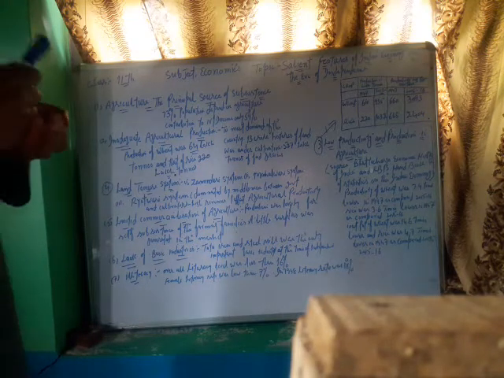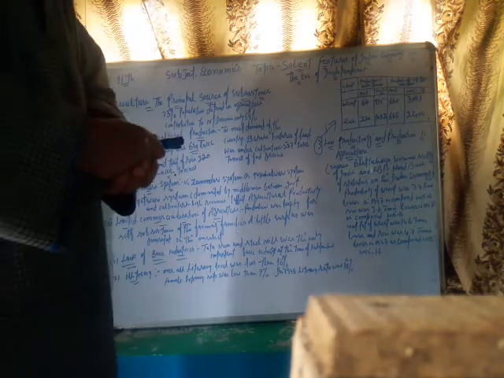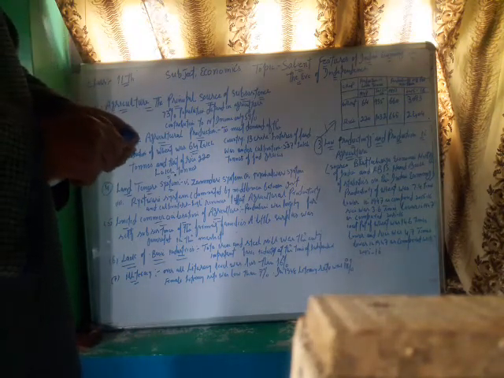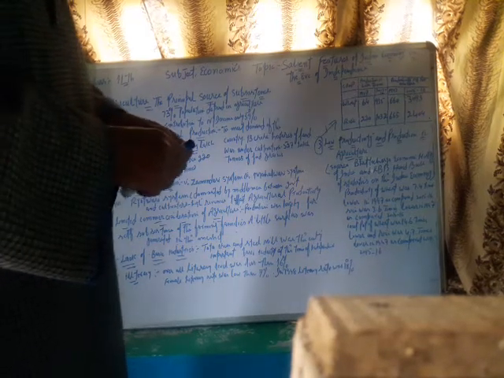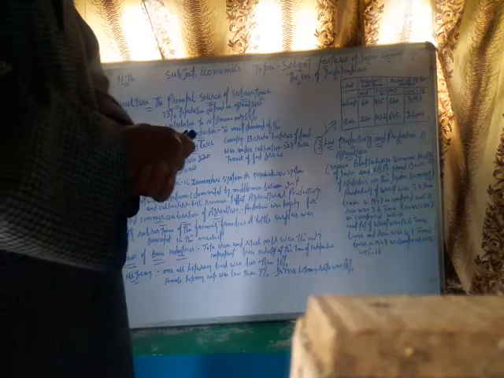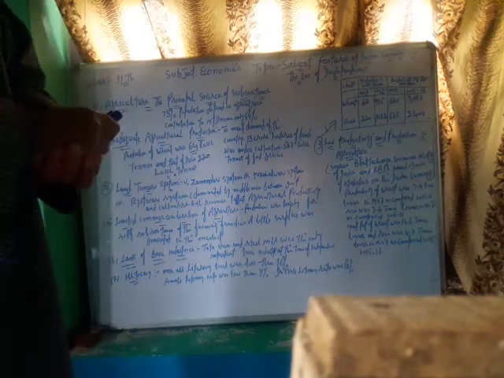Second column, production in lakh tons. Third column is productivity in kg per hectare. Here we have to compare 1947 and 2015-16.